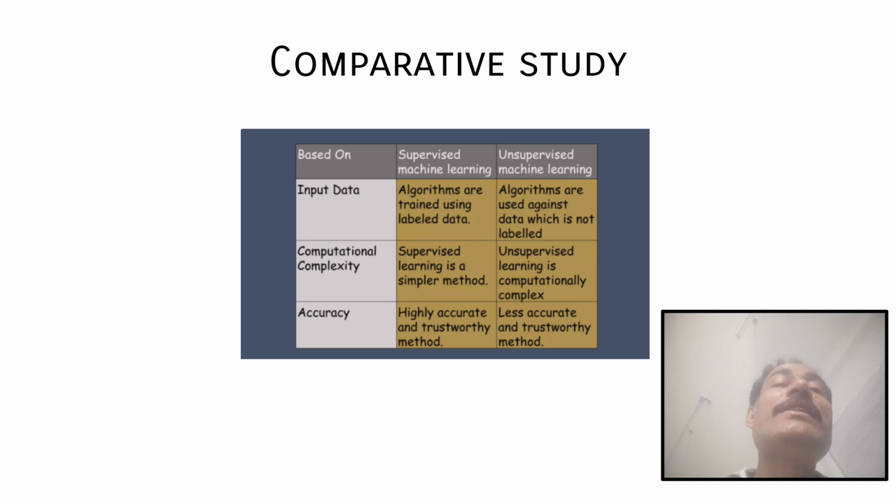In terms of computational complexity, supervised learning is simpler, whereas unsupervised learning is more complex. In terms of accuracy, supervised learning gives more accurate results, whereas unsupervised learning gives less accurate results.